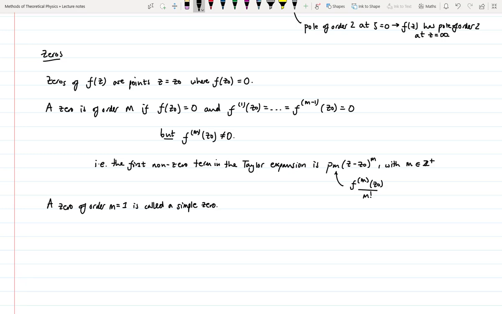Let's look at a couple of examples quickly. If we have f of z is z, well, that is its own Taylor series, and we see that the first non-zero term is z to the power of 1. That means that this has a simple zero at z equals 0.